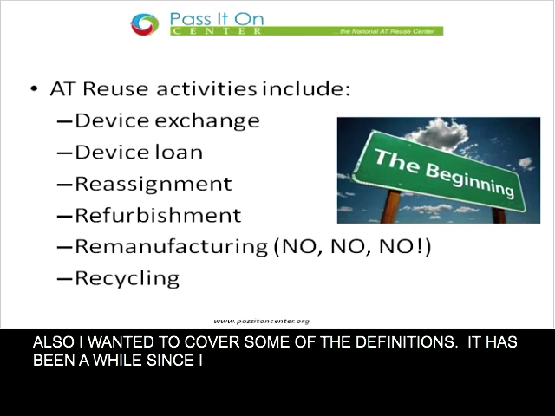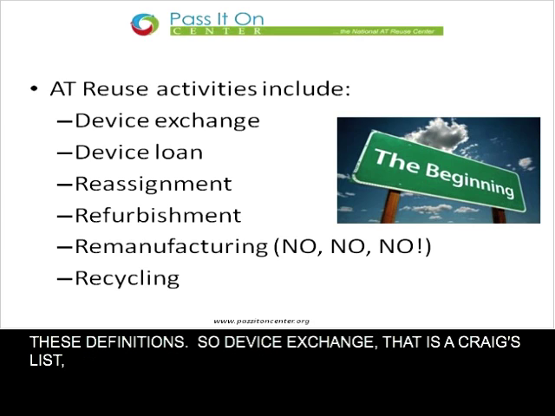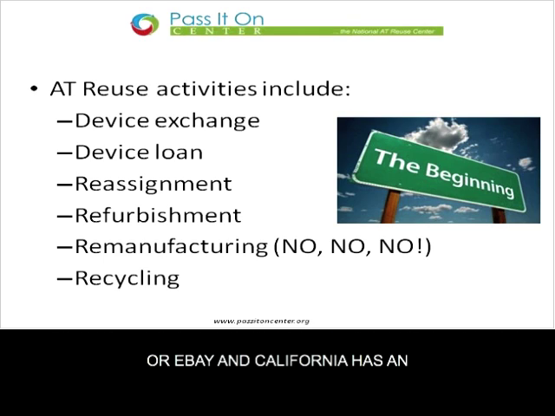We also, I just wanted to cover some of the definitions. It's been a while since I have spoken with y'all, but as we're talking about liability, we want to consider these definitions. So device exchange, that's basically like a Craigslist or eBay.